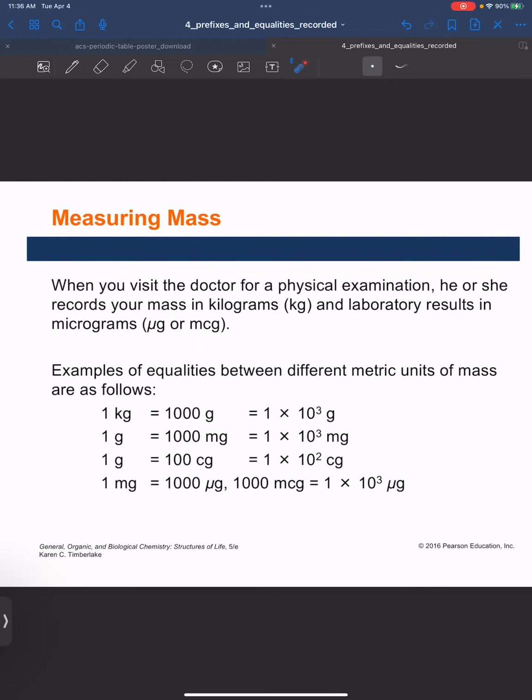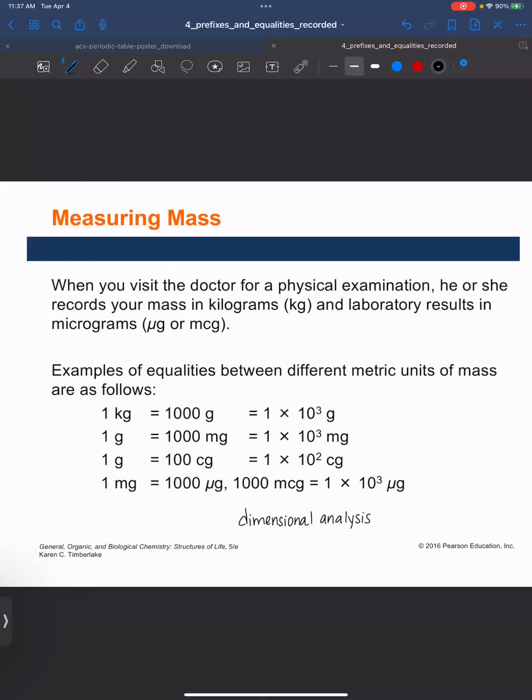Once again, just feeling comfortable going between the different prefixes is crucial. And later on in a future video, I will teach you how to use a technique called dimensional analysis that will help you convert between different units confidently.